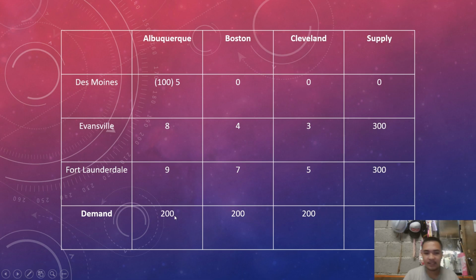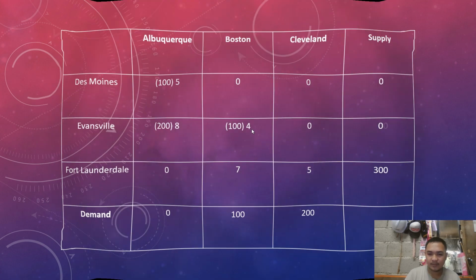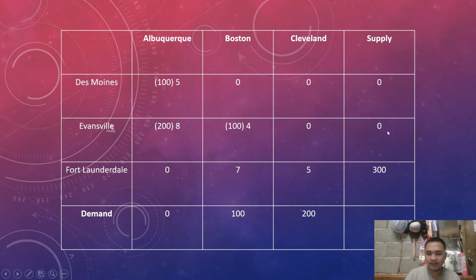Next, since the demand still needs 200, we'll allocate 200 from the 300, and then the demand turns to zero. As you can see, the supply left in Evansville is 100. Next, for Boston, we have 200 in demand. So we'll allocate 100 of the supply from Evansville to Boston, so the supply of Evansville is zero.